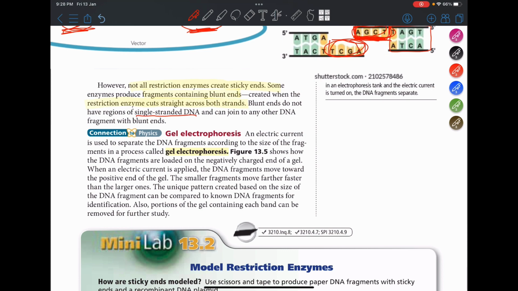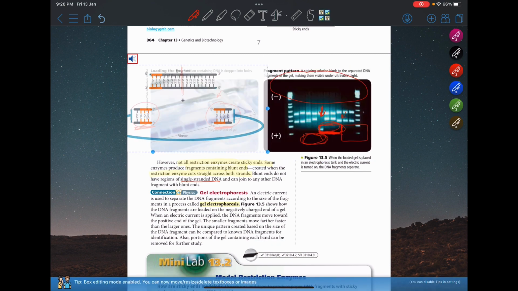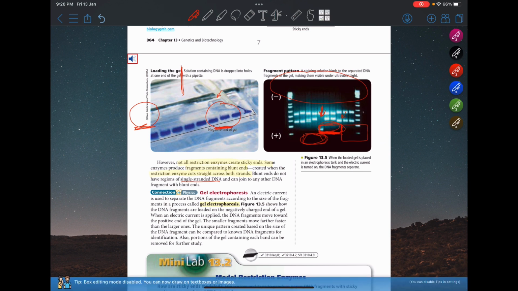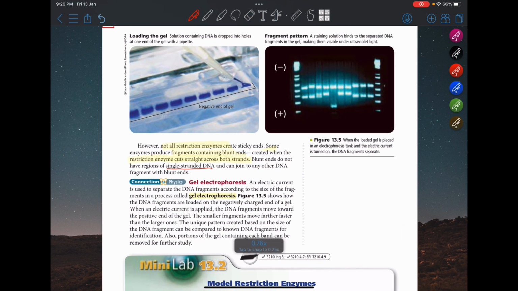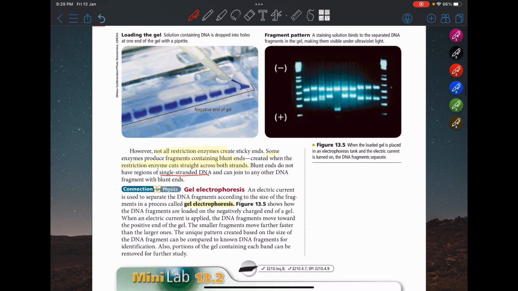So if we look at the figure here, I'll just remove these images. Okay, if we look at the figure here, we can see how the DNA fragments are loaded on the negatively charged end, right? So we put them here first on the negatively charged end of the gel.